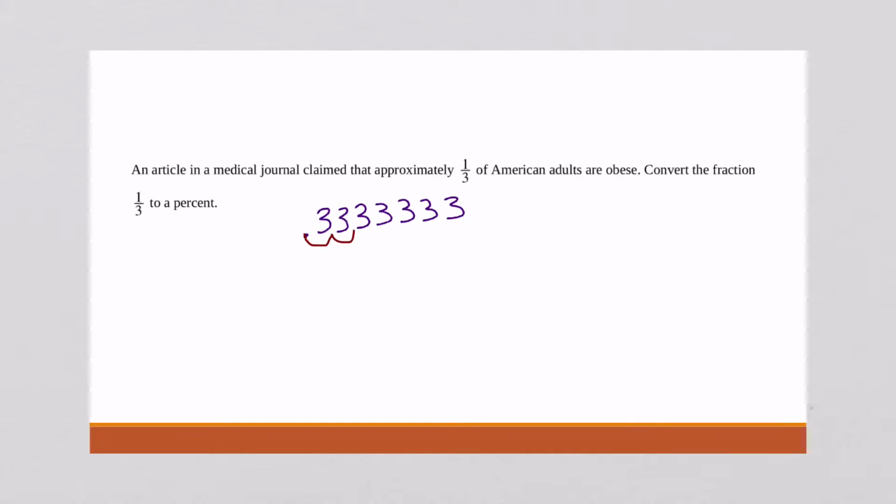So I scoot the decimal to the right 2 places, so I'm going to have 33 point, and now if I'm going to round to the tenths place, I look at the hundredths. Because that number is smaller than 5, I'm just going to leave it as 33.3%. So 1/3 means 33.3%.